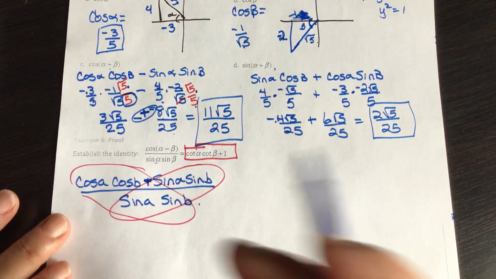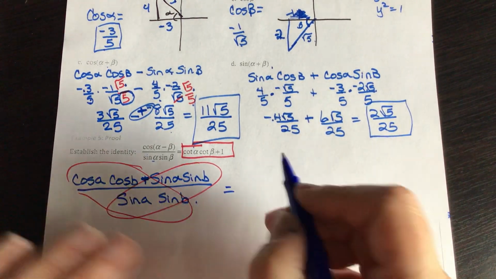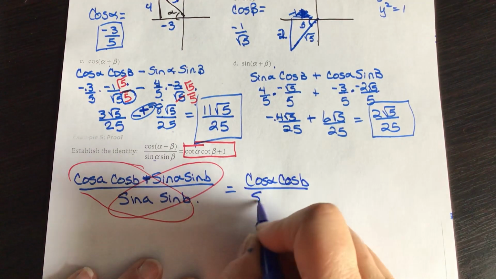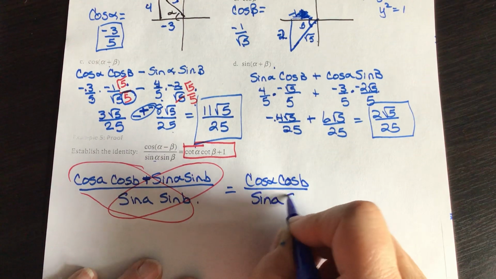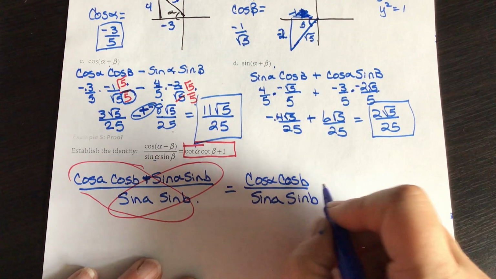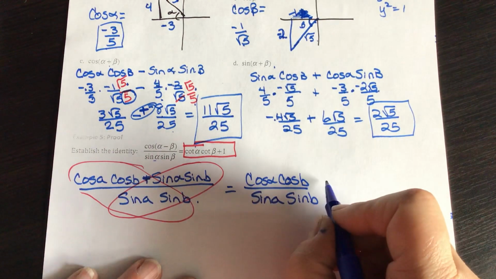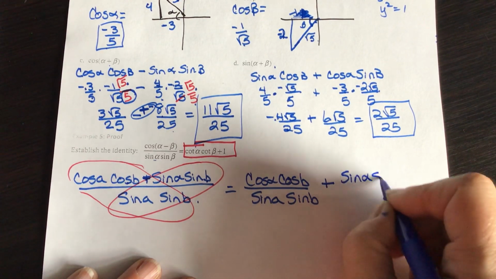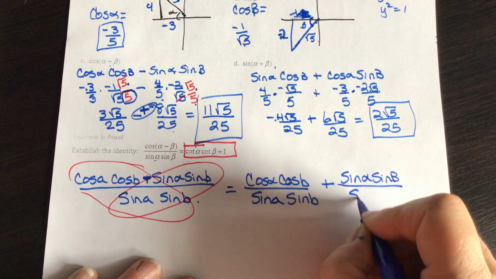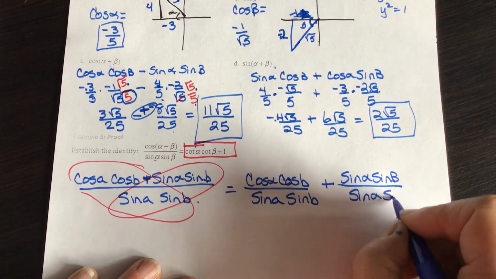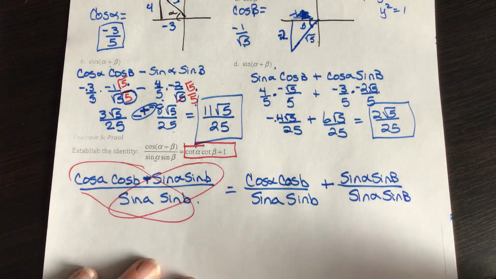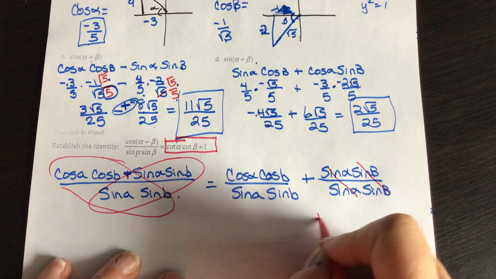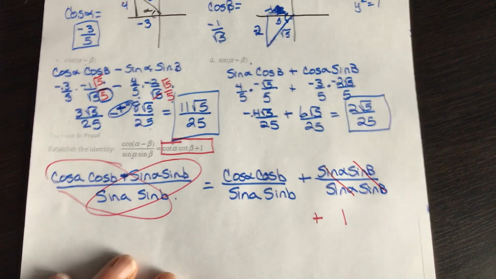All right, so I can take cosine a cosine b over sine a sine b, and then I have plus sine a sine b over sine a sine b. All right, so this side, these are just the same. So these cancel, and I have plus 1 right here.